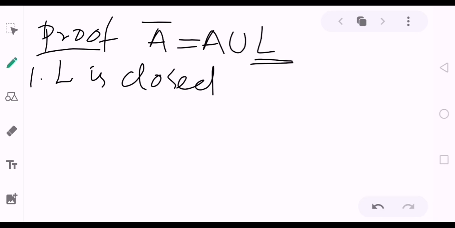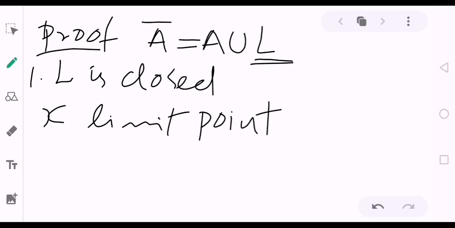That is, we want to prove that if X is a limit point of L, then X is an element of L. So we are taking X as a limit point of L and trying to prove that X is an element of L, so that we can conclude that L is a closed set.